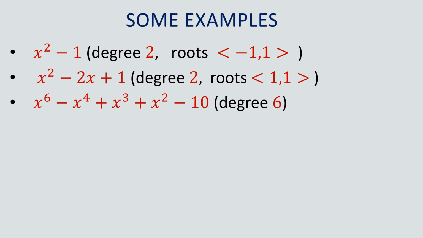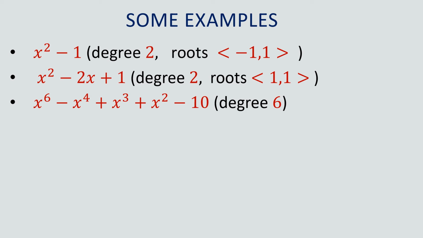This polynomial has degree 6, the highest power of x with a non-zero coefficient, that's the power x raised to the power 6. The coefficient of x to the power 5 and the coefficient of x to the power 1 being 0 doesn't affect the degree of this polynomial.